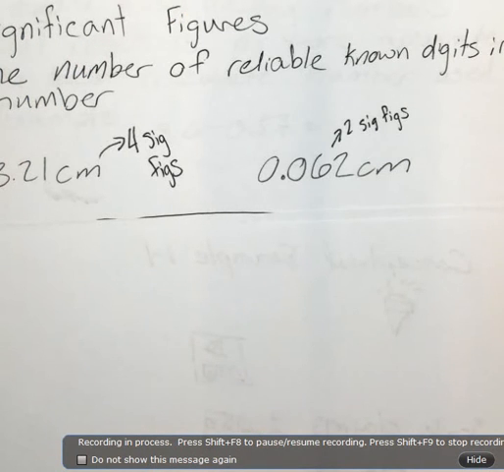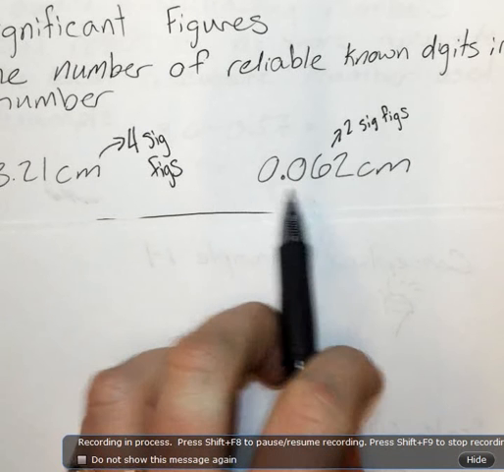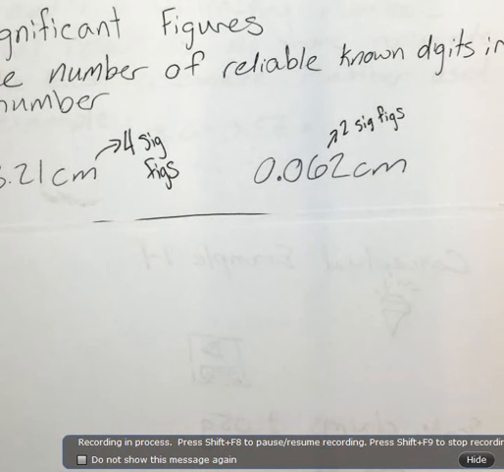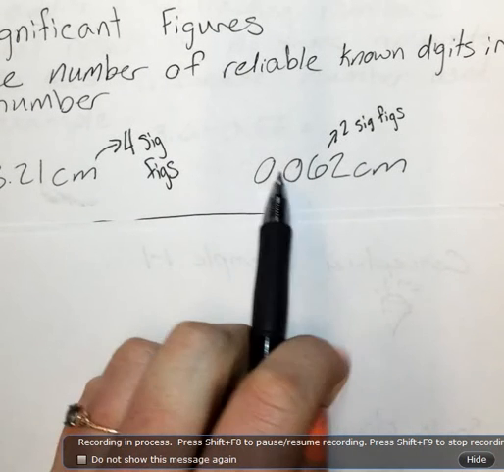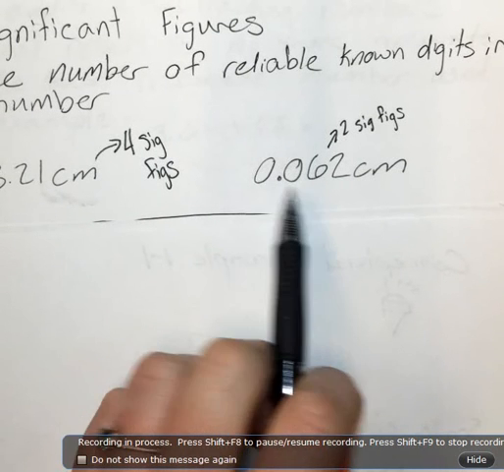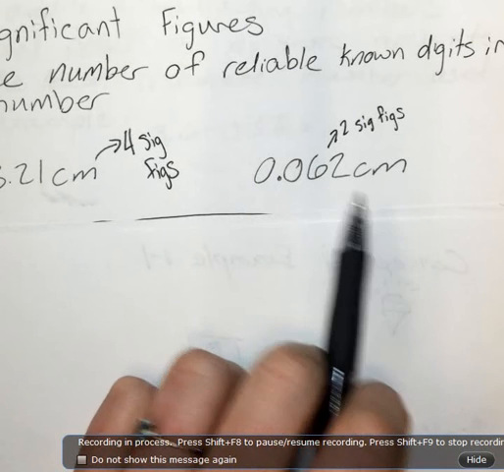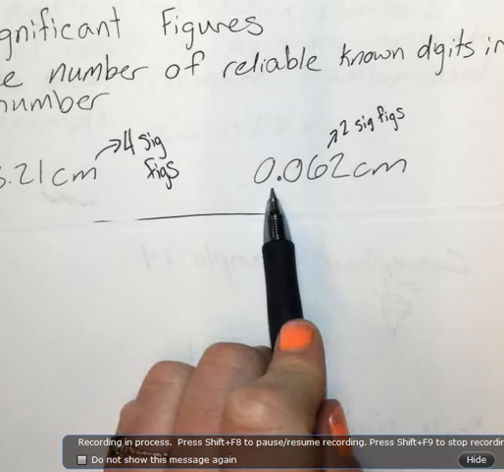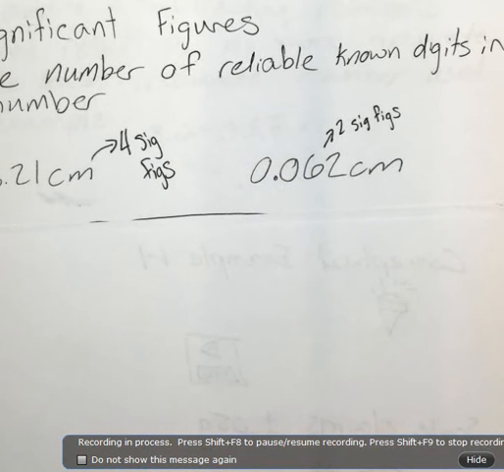You might ask, wait, what about these zeros right here? I'm going to point out something that I really want you to remember: these zeros come before these non-zero numbers. And when I say a non-zero number, I mean any number that's not a zero. These zeros completely precede all of the non-zero numbers.